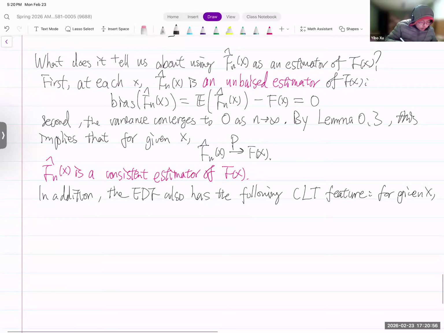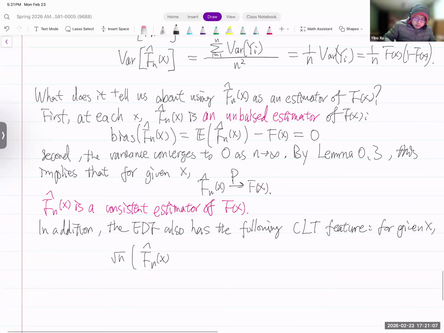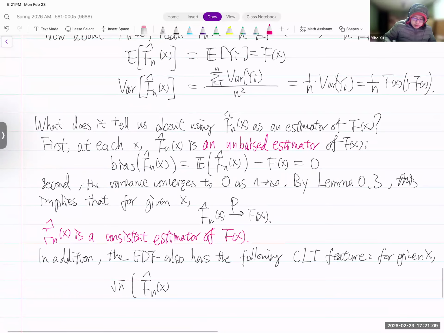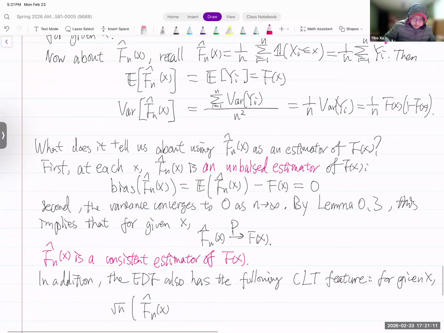So here we are able to state that, remember, the EDF right here is essentially this kind of sample average.